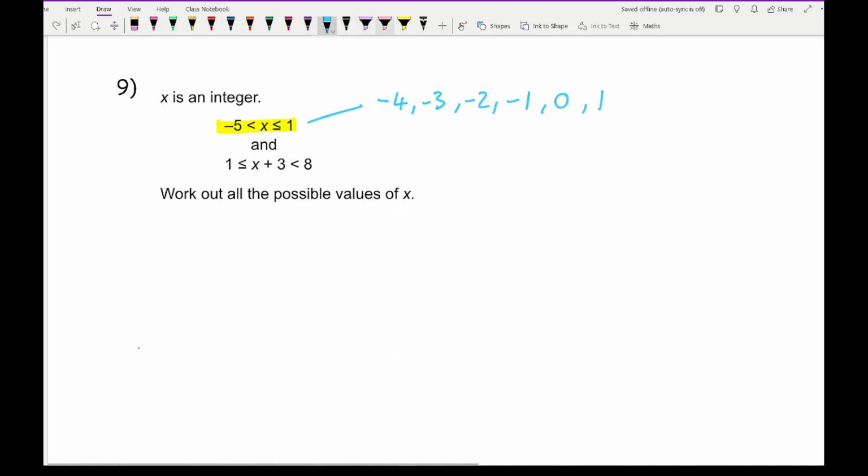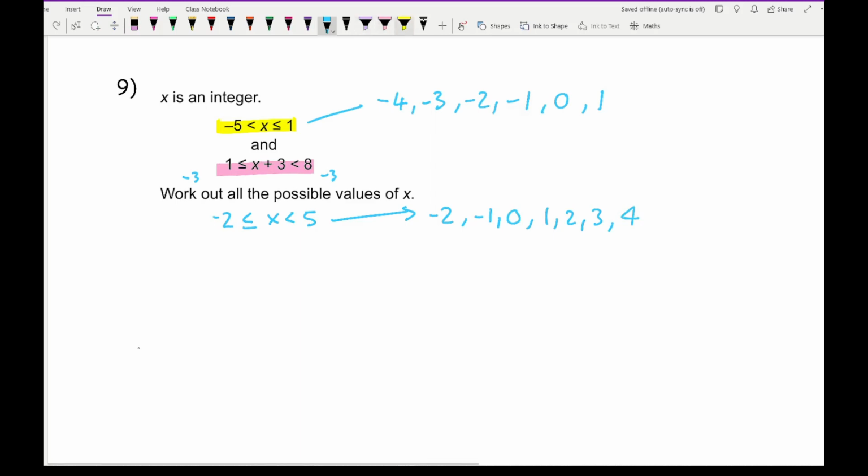Then looking at the second line here, now for this you want to be making sure that x is by itself in the middle, so you take away 3 from both sides. So what I've then got is minus 2 less than or equal to x less than 5. So from this, the possible numbers it can be is minus 2, minus 1, 0, 1, 2, 3, and 4.